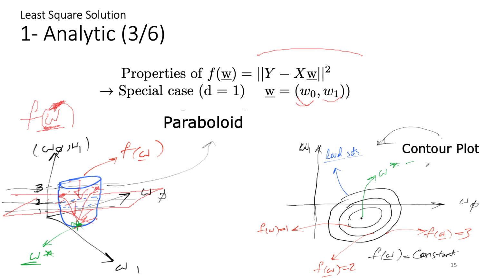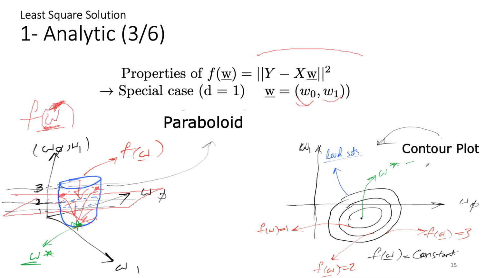So now we are looking at it from the top, right? If it was a cylinder, we would have only one circle on the contour plot. But since it's a paraboloid, it starts from the top with the highest radius, and then you go down to here, right? So if you slice it like this, you're going to have different contours. If you look at them from the top, that's what you see over there. Okay? Does that make sense?